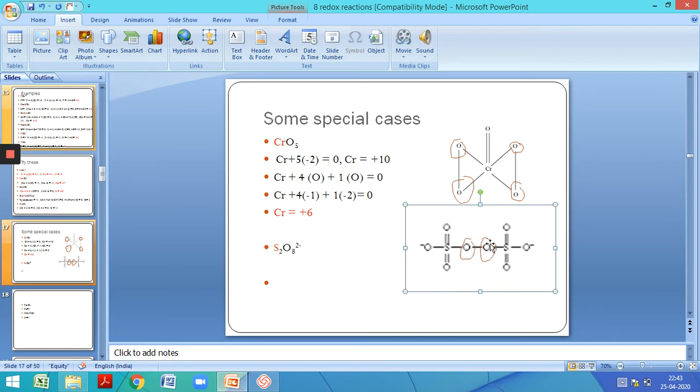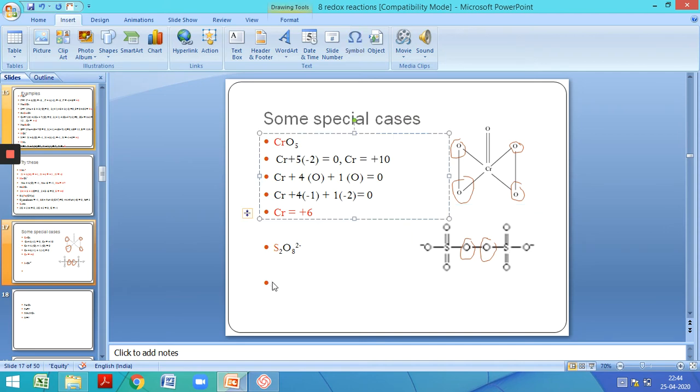So -1 and -1 is the oxidation number of both of these. The rest of the oxygens, 3, 4, 5, 6, 7, 8, have oxidation number of -2. The sum of oxidation states is -2.